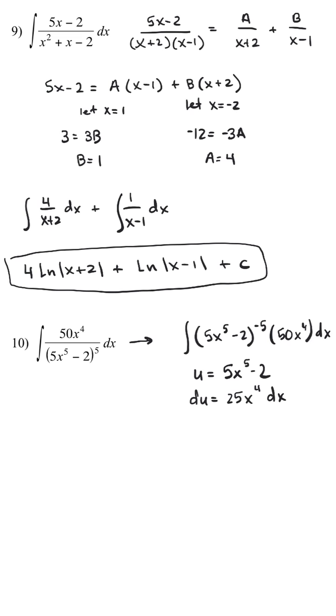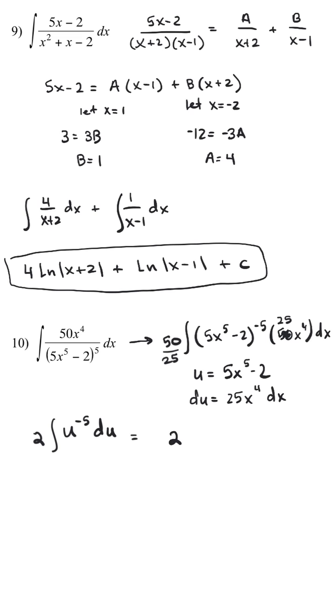So I'm going to go ahead and move the 50 out there, multiply by 25, and then divide by 25. So then it becomes 50 over 25, that's 2, times the integral of u to the negative 5th du.